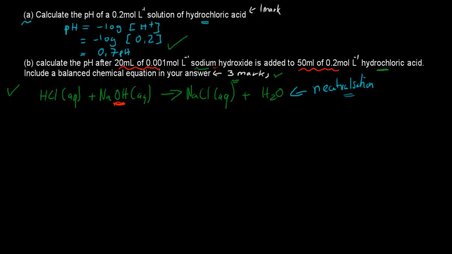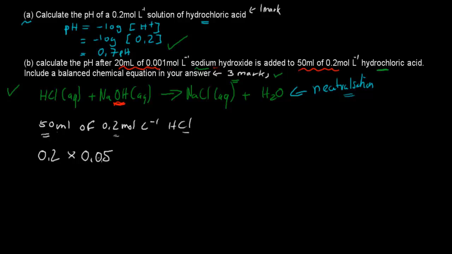We'll do the acid first. So we've got 50 mL of 0.2 moles per liter of HCl. So per liter it has 0.2 moles, but we only have 50 mL. So how many moles do we have? Well, in that case, all we have to do is times 0.2 times 0.05, because remember, 1 liter is 1,000 mL, but we don't have 1,000 mL, we only have 50 mL.